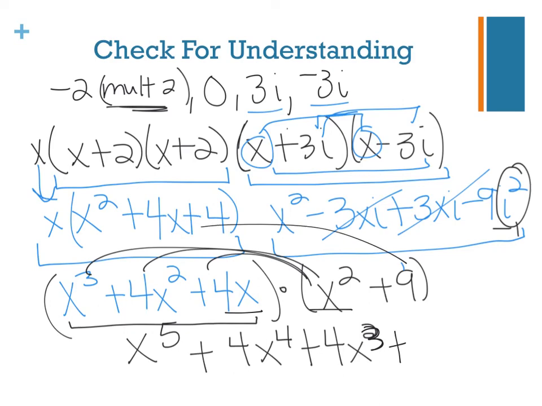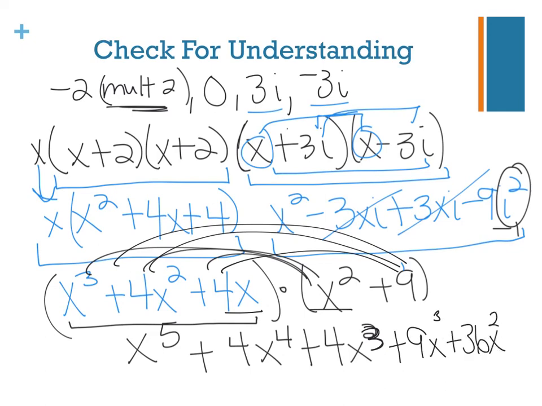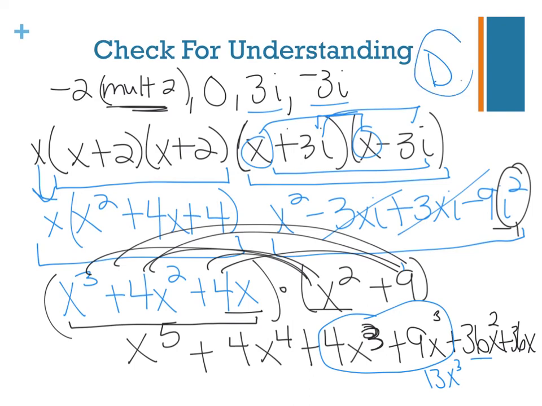And then if I distribute the 9 to everything, I get 9x cubed plus 36x squared plus 36x. And when I combine like terms, the cubic terms can be combined, which is 13x to the 3rd. So I'll get x to the 5th plus 4x to the 4th plus 13x cubed plus 36x squared plus 36x. Which tells me that the appropriate response to the multiple choice question was D.